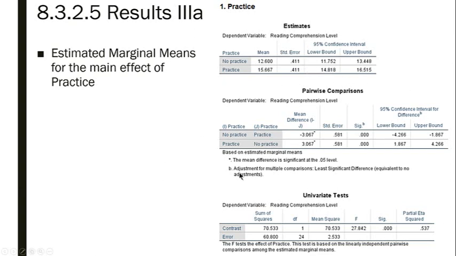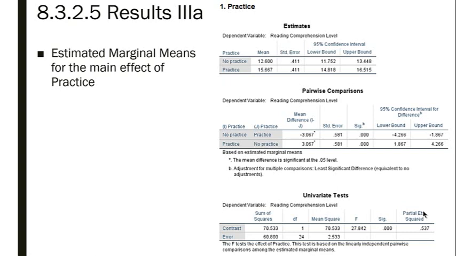The pairwise comparisons reported as Fisher's least significant difference, and then the univariate test looking at, is this a significant contrast? So based on the fact that there's a significant main effect, there's only 2 levels to this independent variable, we could report that readers who practiced first had significantly higher scores than those who did not, and then report the main effect F ratio, p-value, partial eta squared, etc.